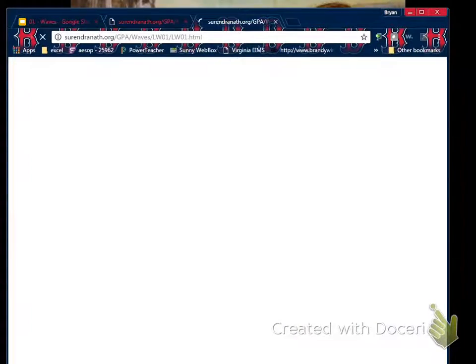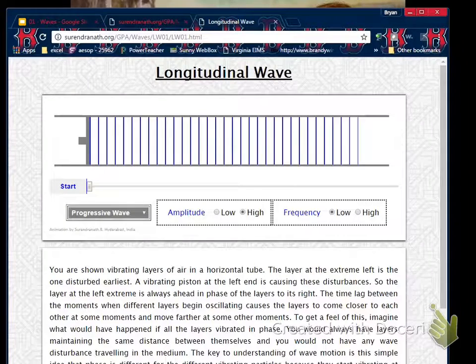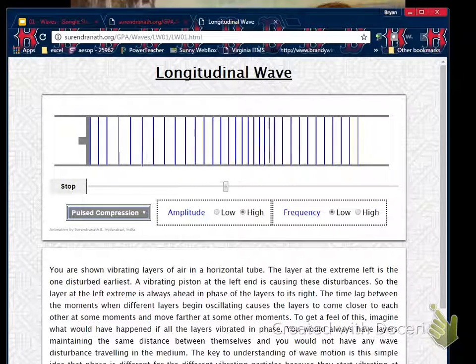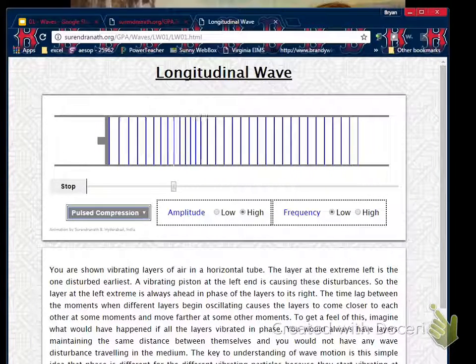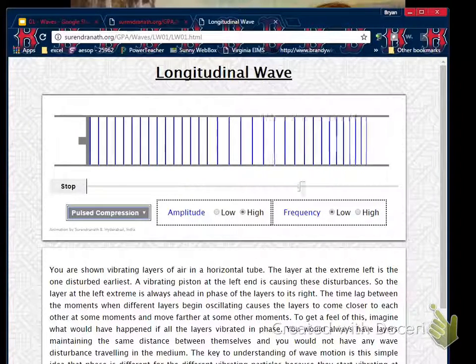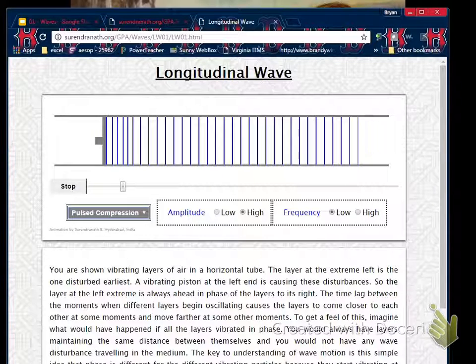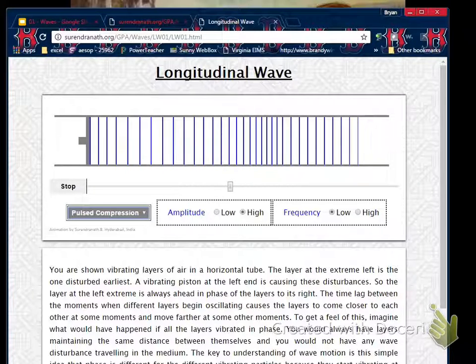Now the other type is a longitudinal wave. And so let's start with a pulsed compression. Okay. And here, what's the direction of the energy of the wave?